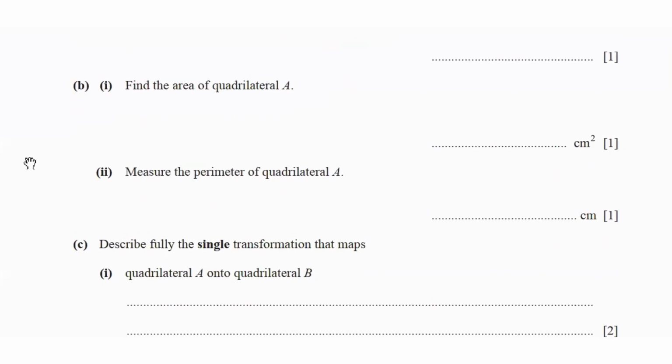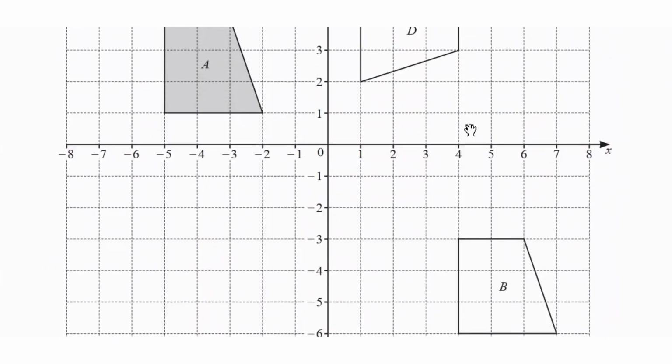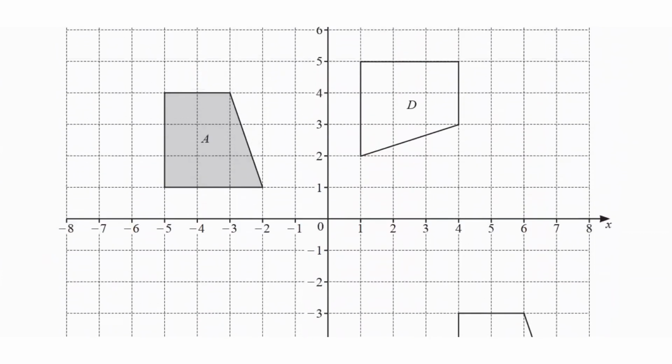So next part says find the area of quadrilateral A. So for the area of quadrilateral A, what we will do is we will see what's the length of each side. So we know this is 2, and this is 3, and the height is 3. Now, the trapezium has the area of 1 over 2 times the height times sum of parallel sides.